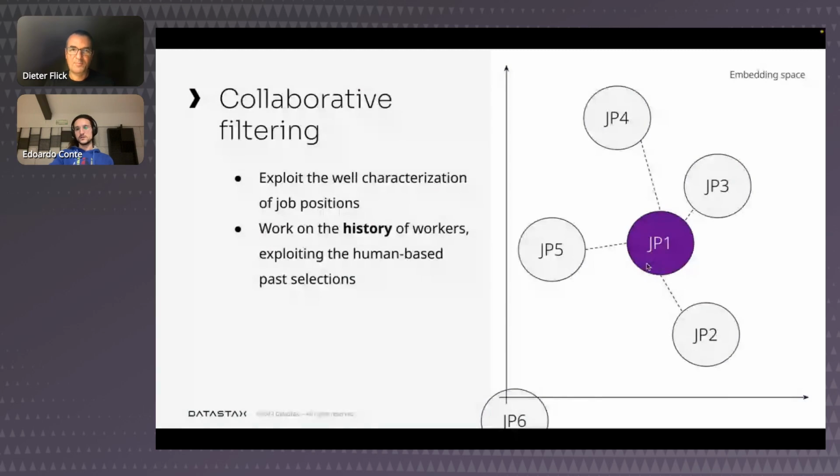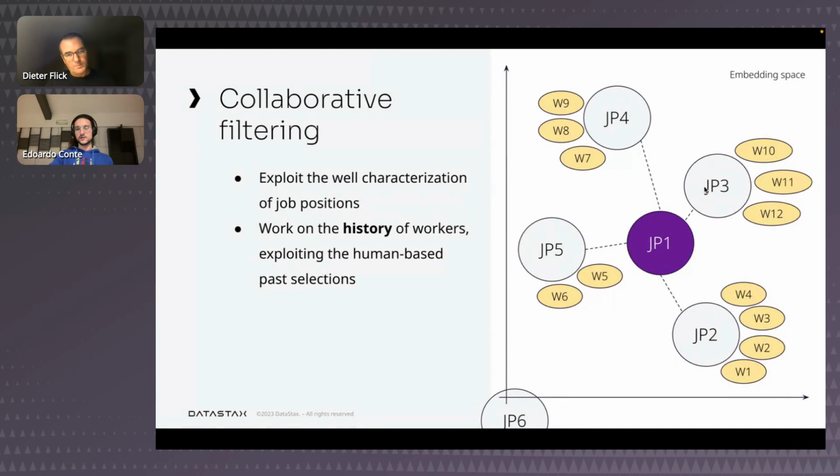And then what we do, just afterwards, is say, okay, for those job positions, let's find the workers, and here I just depicted 1, 2, 3, 4, and so on. Just find the workers that were in some way associated with these job positions here. And my assumption here is that, okay, if these workers, if these job seekers were associated with these other job offers, which are now similar to JP1, then probably in some cases they also can be interested in JP1.